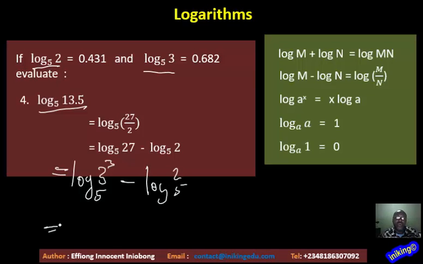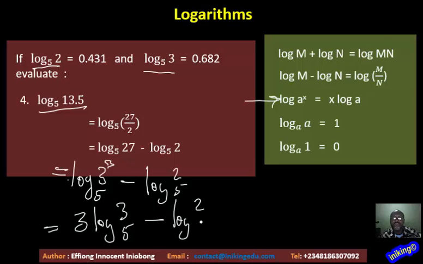I think I'm running home now. Now I can move this 3 down to the front following this law. So I write here 3 log 3 base 5 minus log of what? 2 base 5. Now I can just substitute. This is 3. Log of 3 base 5 has been given to us as 0.682.